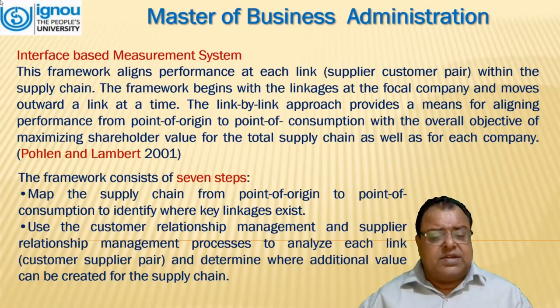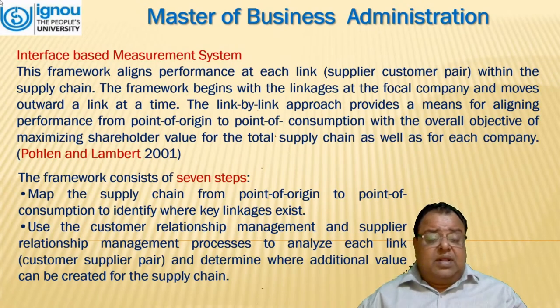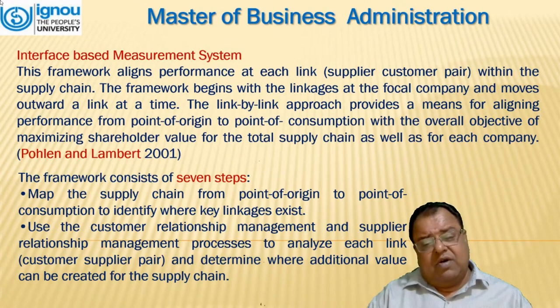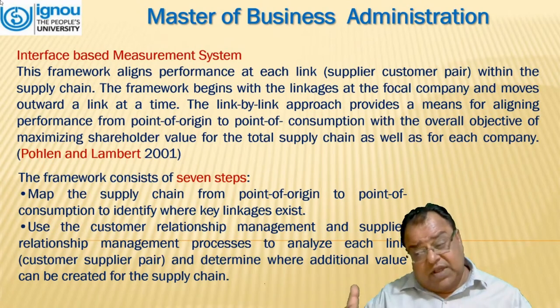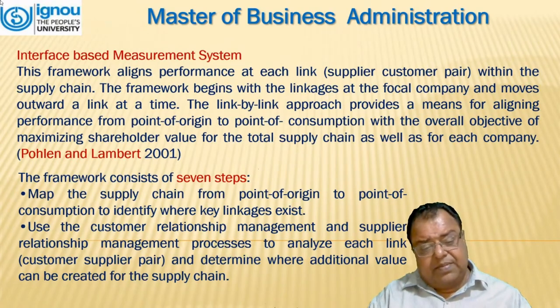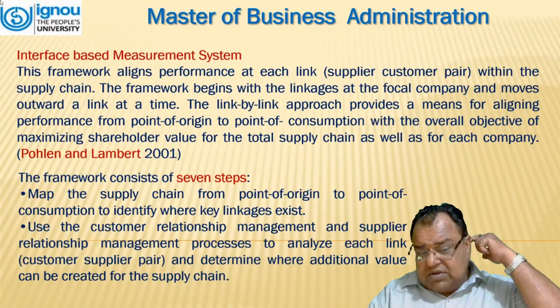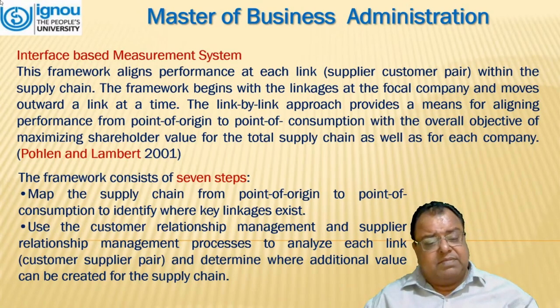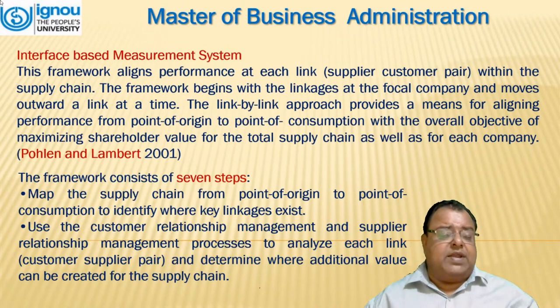The framework consists of several steps. Map the supply chain from point of origin to point of consumption to identify where the key linkages are. Use customer relationship management and supplier relationship management processes to analyze each link and determine the additional value that can be created from the supply chain.